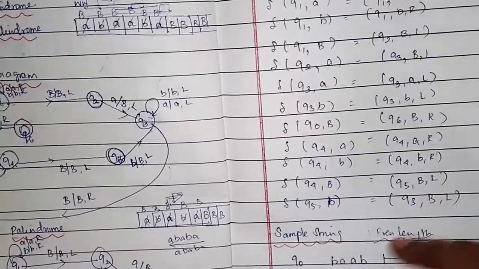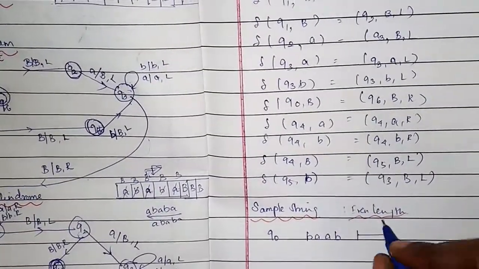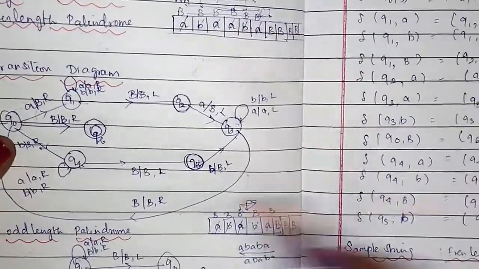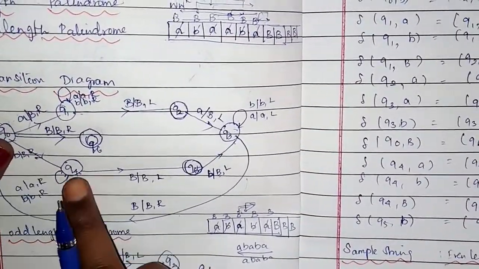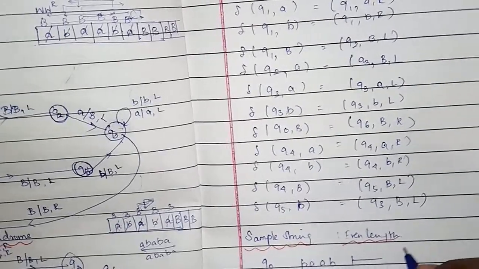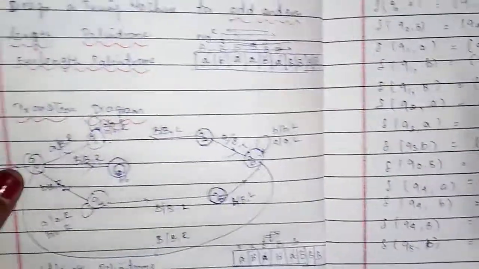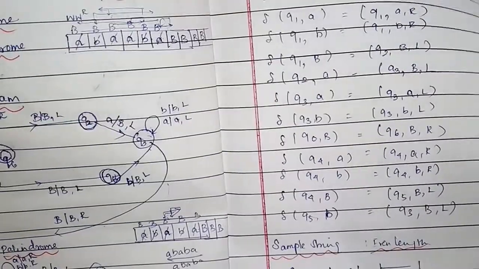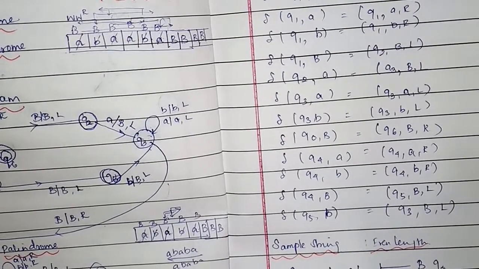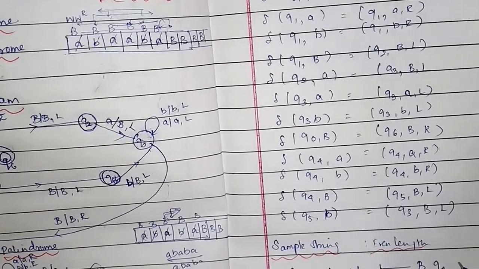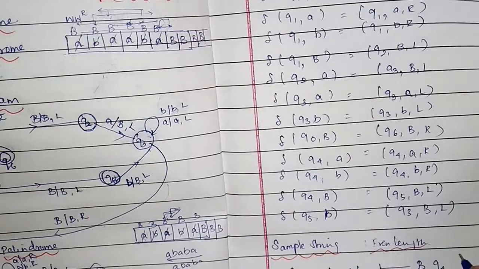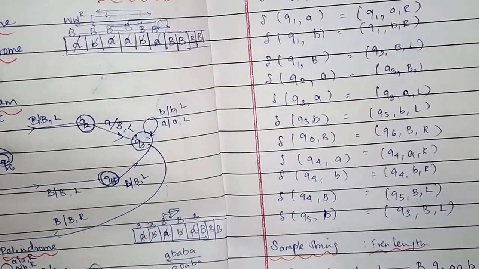So Q0 BAB. So see here, when you go for this B, it has to go for this Q4, right? So it goes the right direction. So B gets blank symbol, and AAB, right?